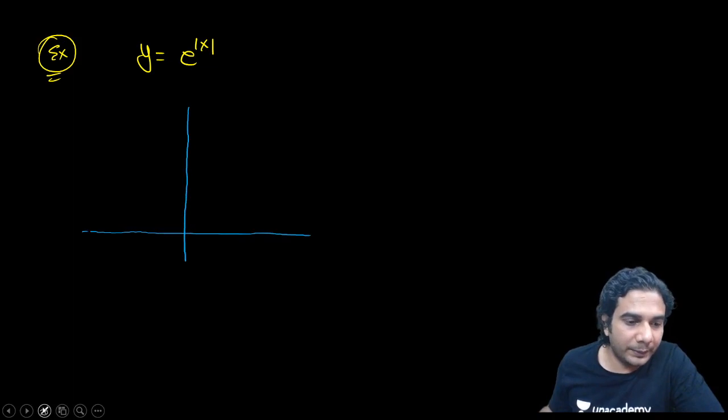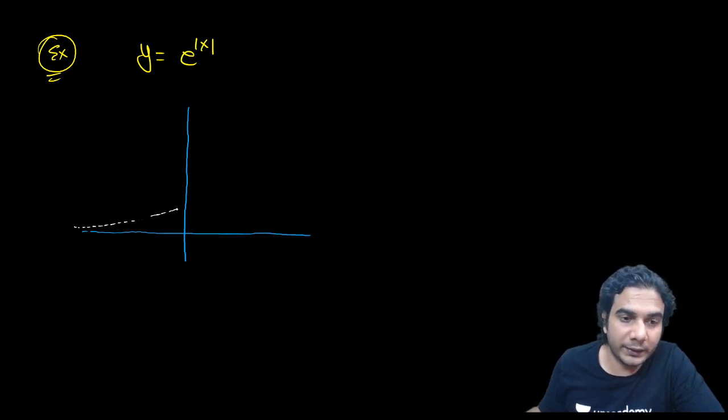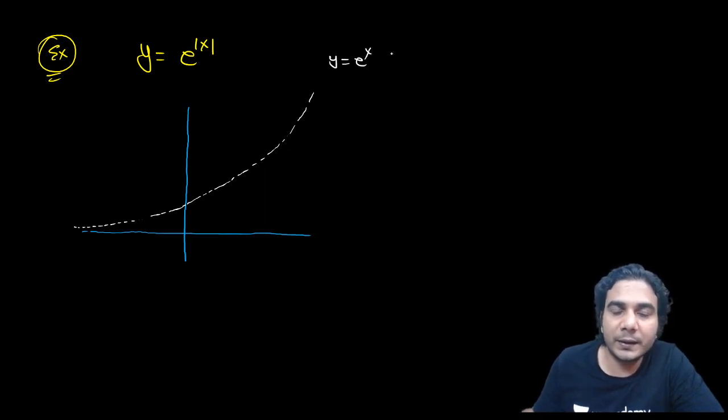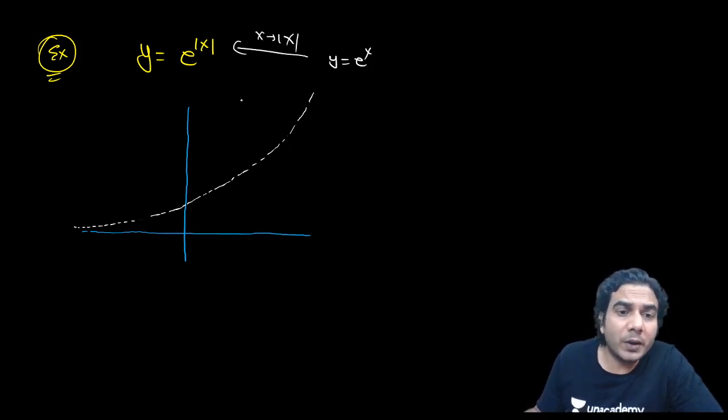I'm plotting a base graph, the graph of y equals e raised to x, because you're replacing x by mod of x. So this is y equals e raised to x. Now if you replace x by mod of x, you'll get y equals e raised to mod of x.